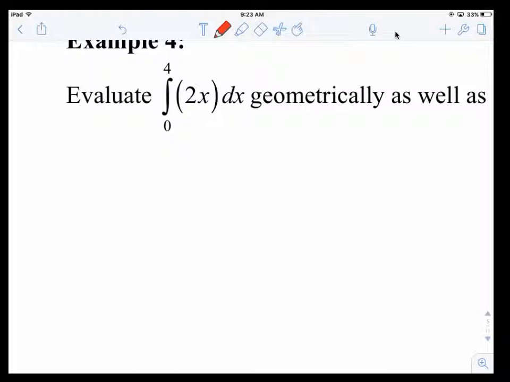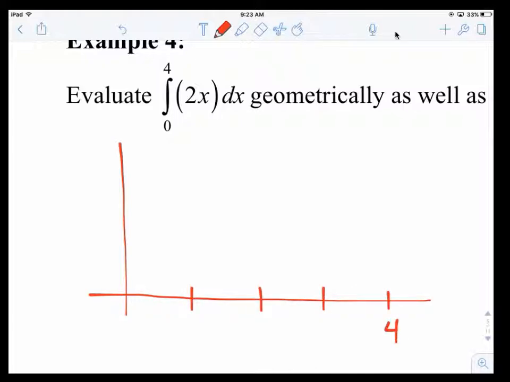All right, so if you have 2x and you're looking at it from 0 to 4. Now, 2x is just a linear line, right? If I plug in 4, I get 8, right?